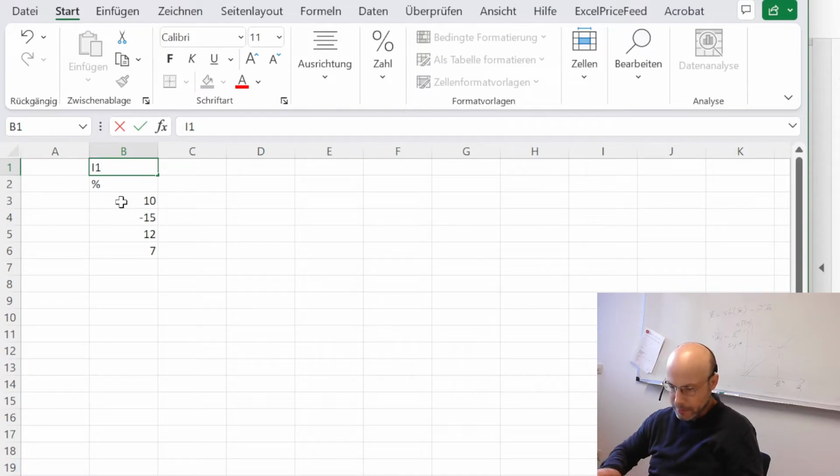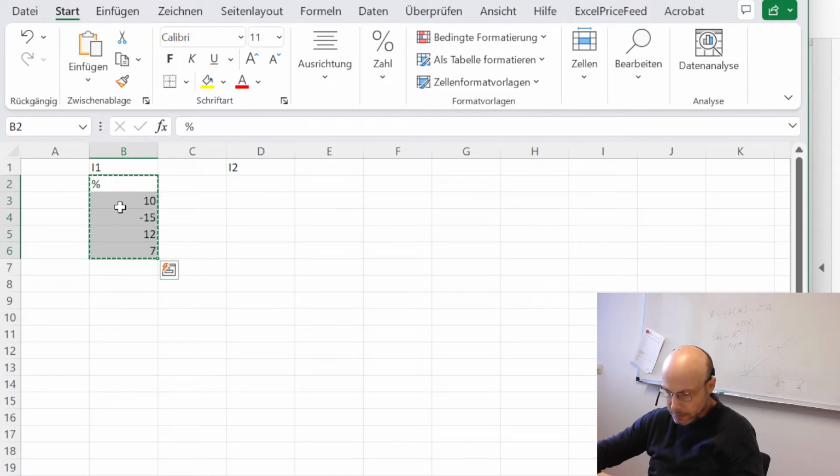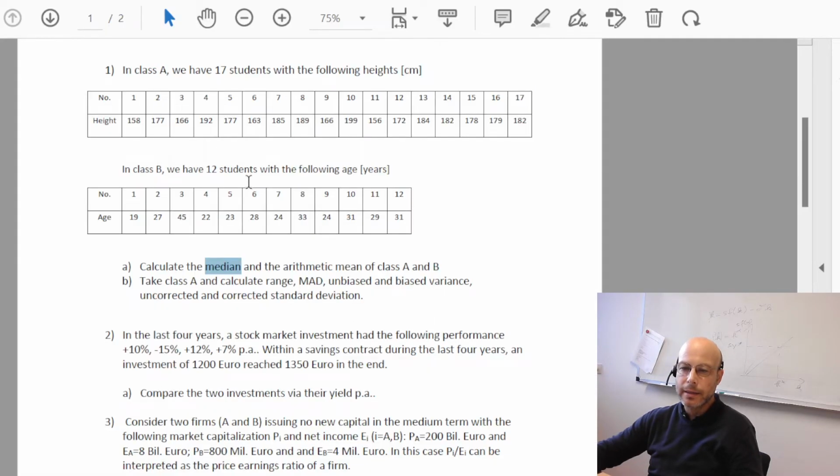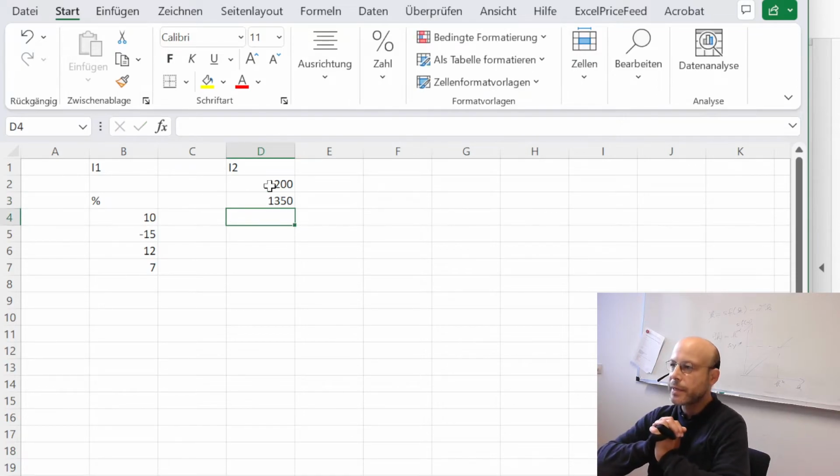This is investment 1, and investment 2 had a performance of, let's move this one down, what did we have? 1,200 and 1,350. So which investment is better?